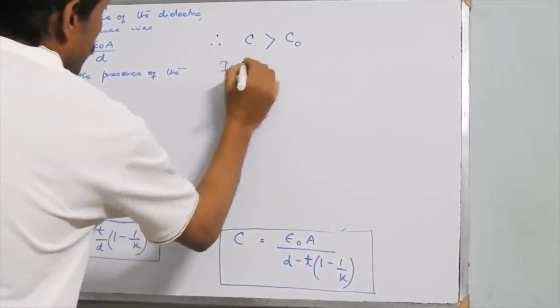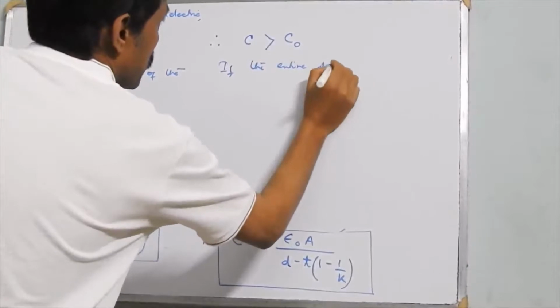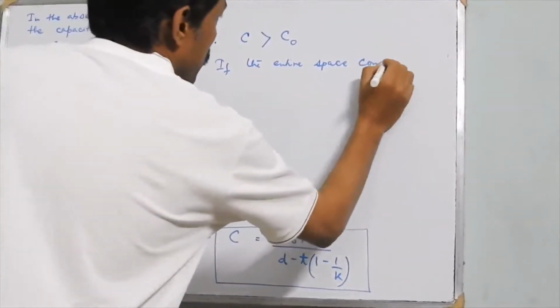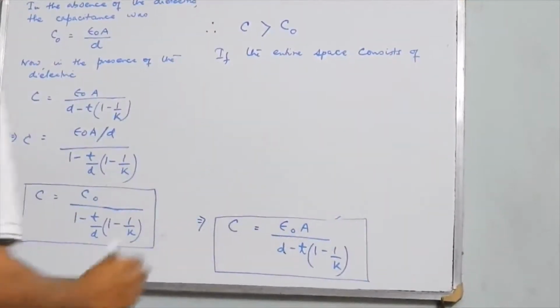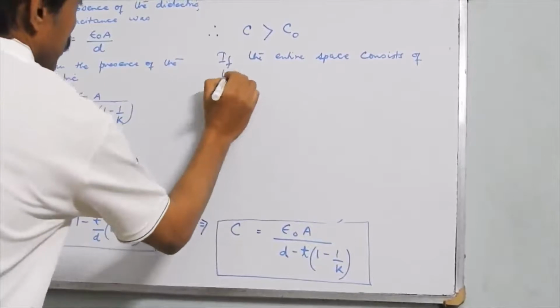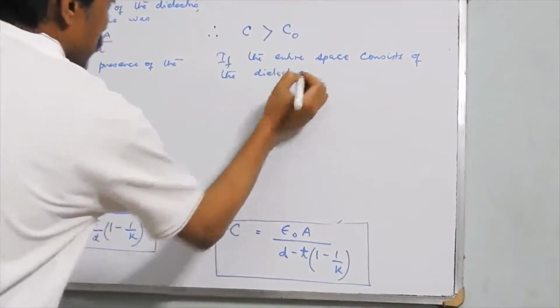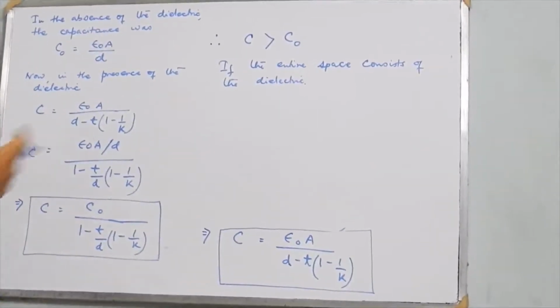Now if you say that the entire space of the plates is replaced by the dielectric, if the entire space consists of the dielectric, the entire space between the plates of the capacitor is the dielectric slab itself. The thickness is 0 because it covers the entire space of the dielectric.